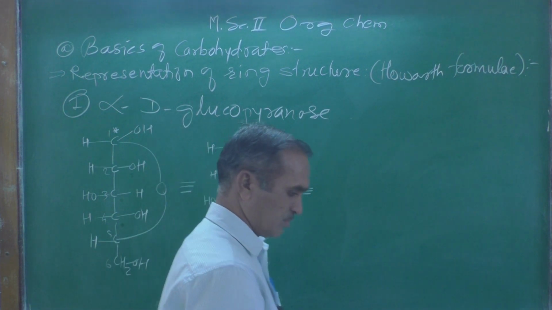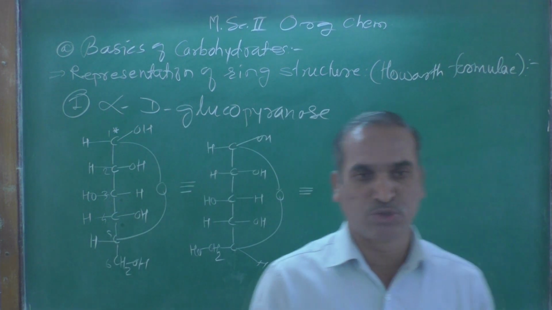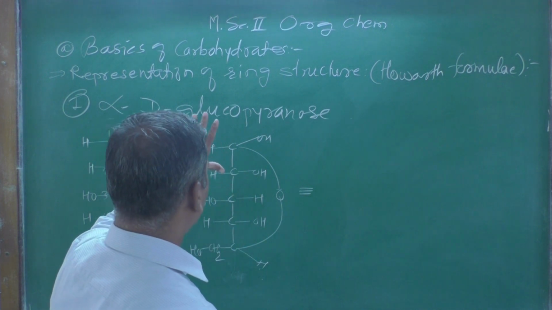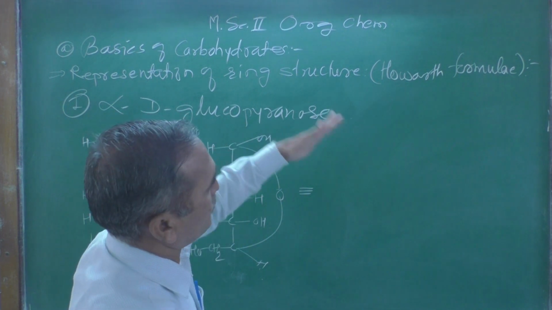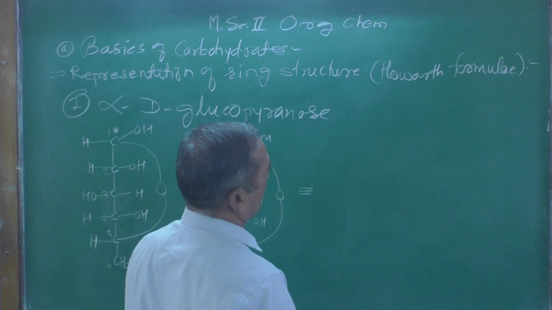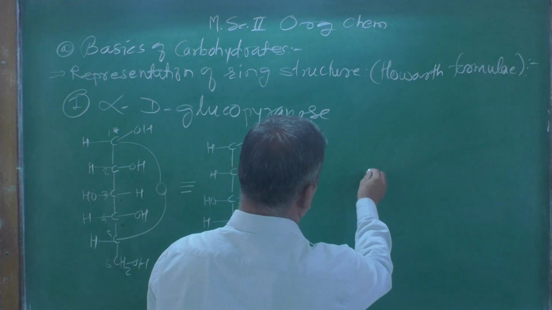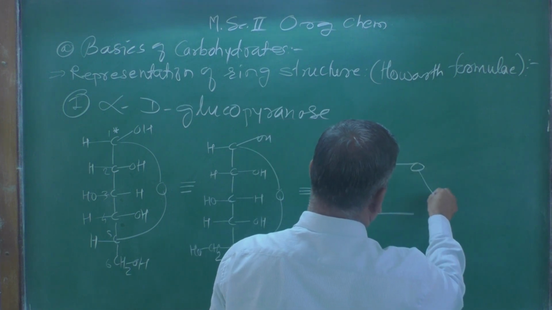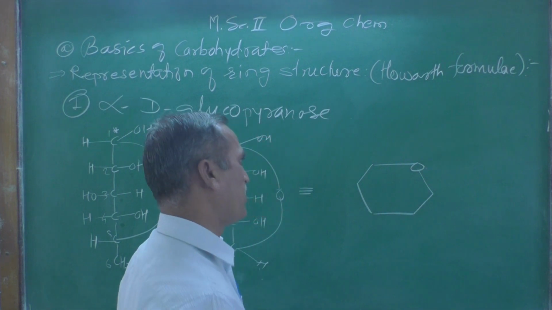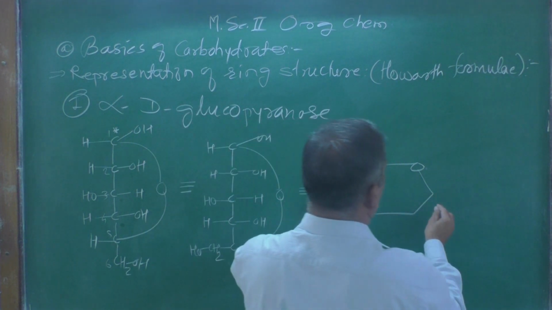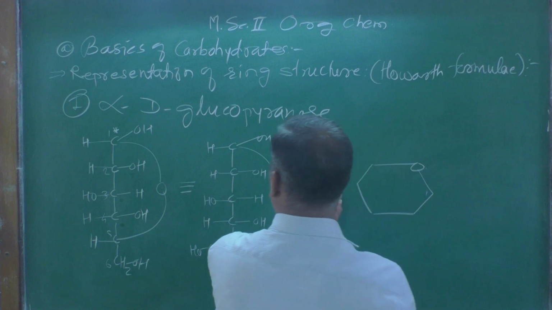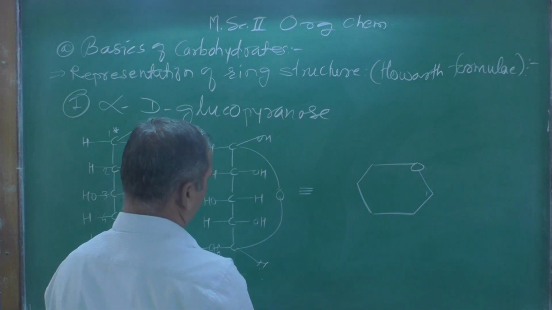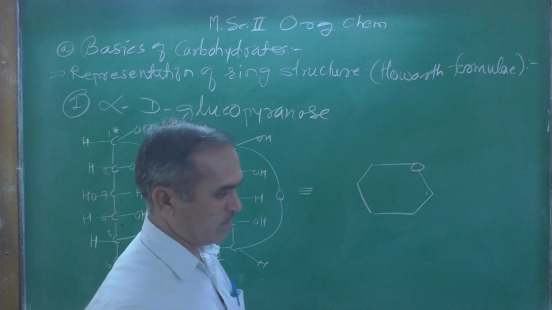Now just now we have seen how to represent this Fischer projection formula as a Haworth projection formula. That is a pyranose ring, means 6 membered ring. We can draw like this. This is a 6 membered ring. This is an anomeric carbon atom where the hydroxy group, look at here, is present on the right hand side.